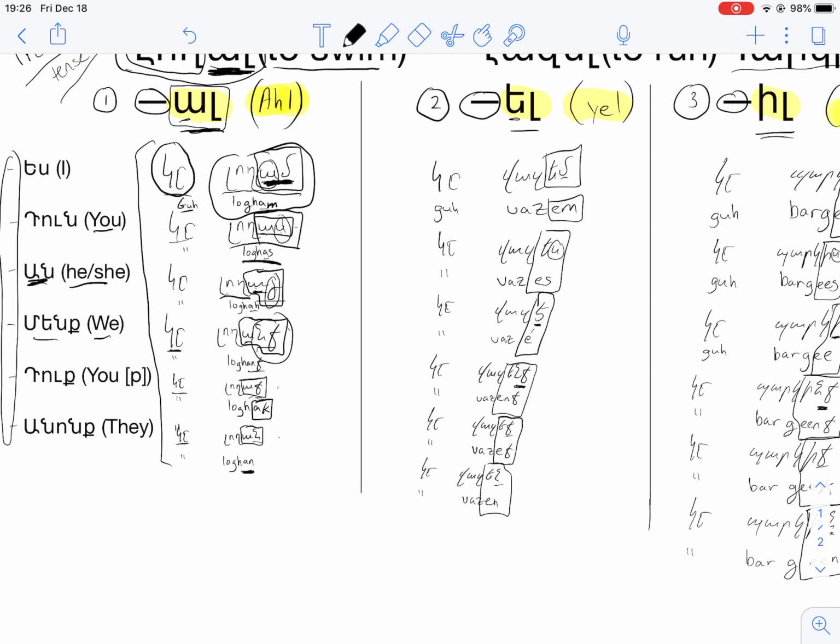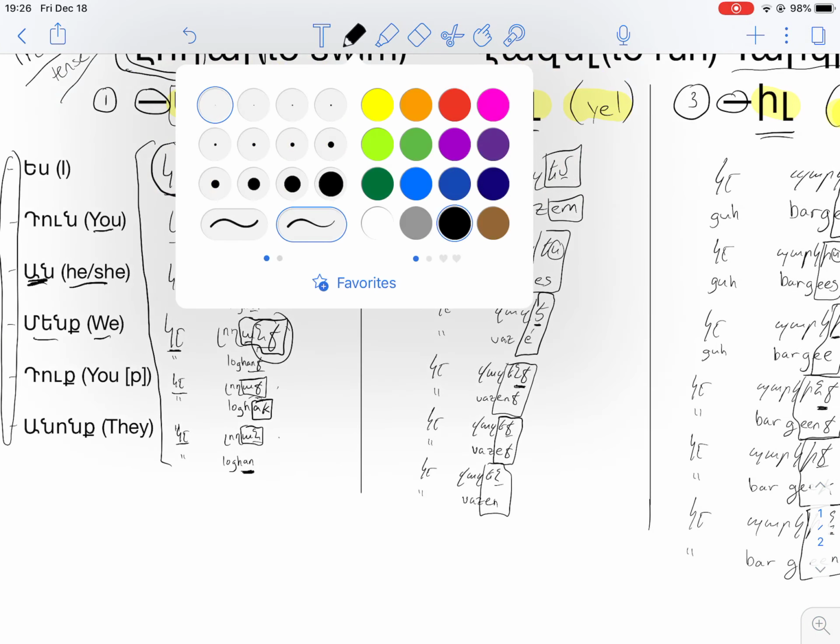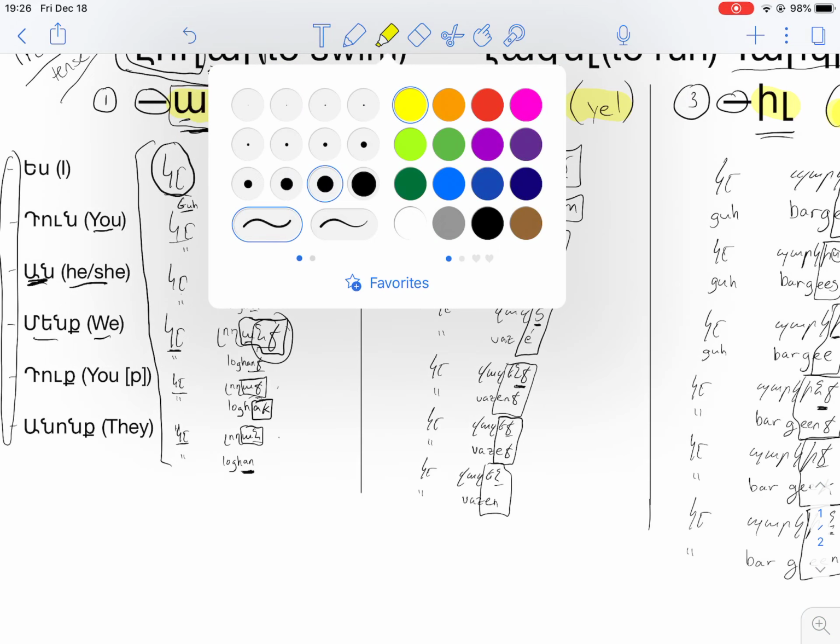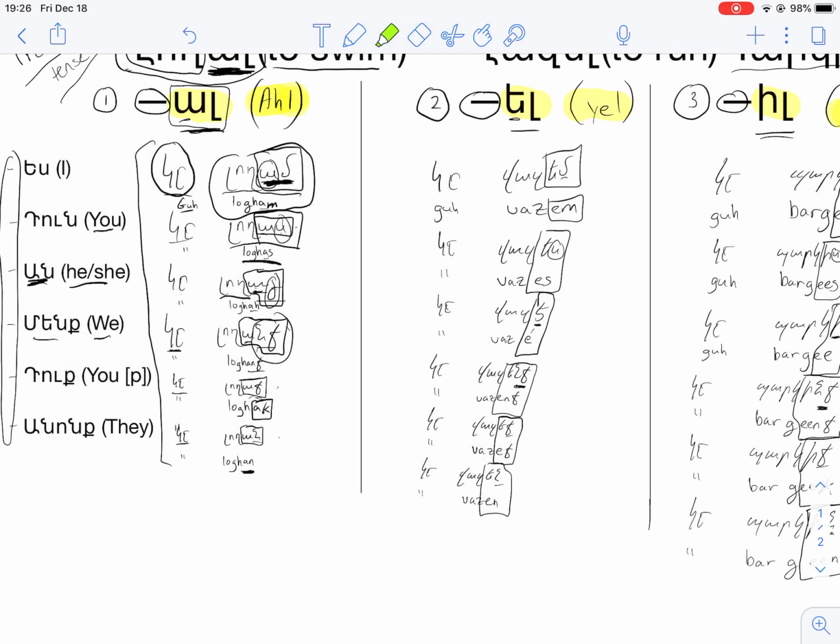So in summary, it's yes, geloram, tun, geloras, an, gelora, menk, gelorank, tuk, gelorak, anonk, geloran.